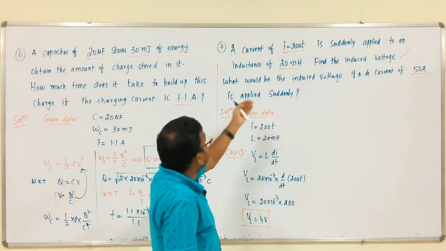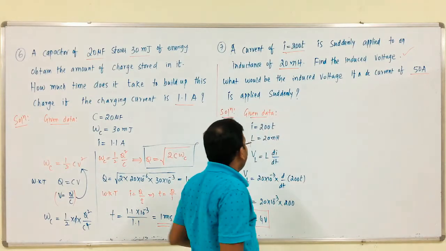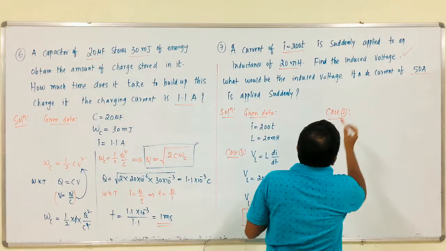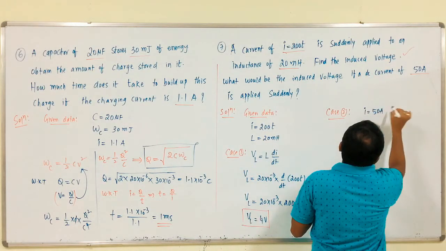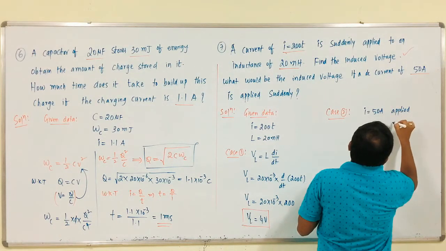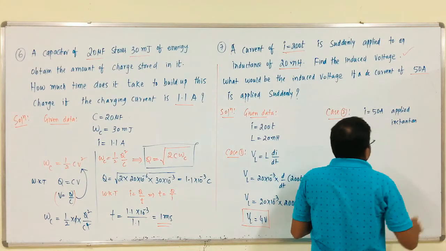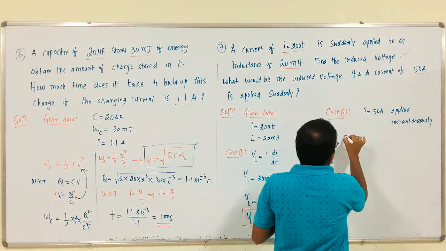Then what would be the induced voltage if a DC current of 50 amps is applied suddenly? That is case 2. I is equal to 50 amps applied instantaneously. What would happen?